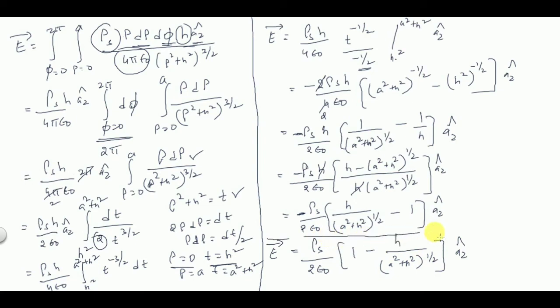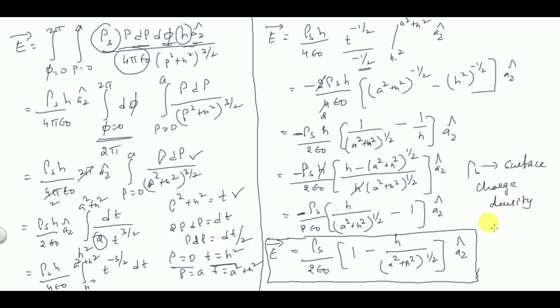Okay, so this is the electric field intensity formula of a circular disc. Okay, rho s is called the surface charge density, and a is the radius of the circular disc. Okay, so this is the formula for electric field intensity due to a circular disc.